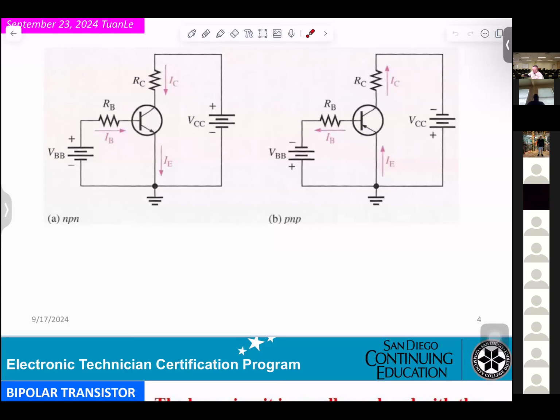Okay, now you see the NPN circuitry here. You get a VCC connected to RC, and VBB connected to RB, and you understand I'm talking about NPN.